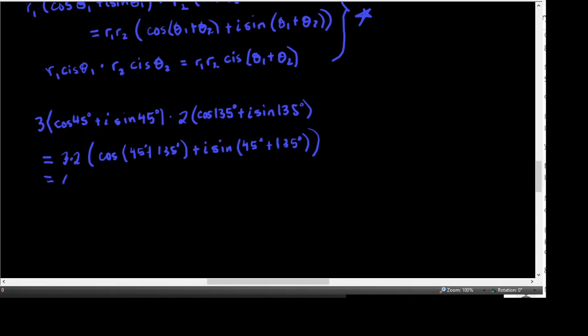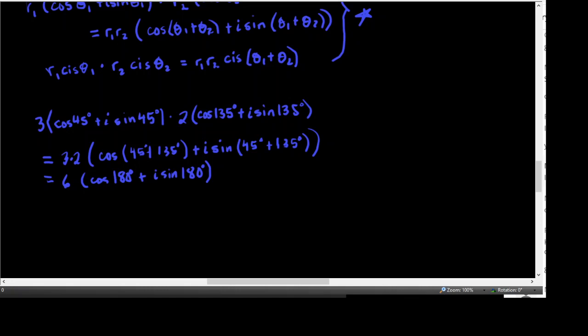So that's 6 times the quantity cosine of 180 degrees plus I sine of 180 degrees. And that's the polar form of the answer.